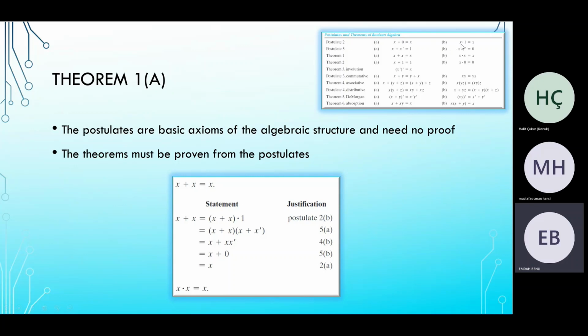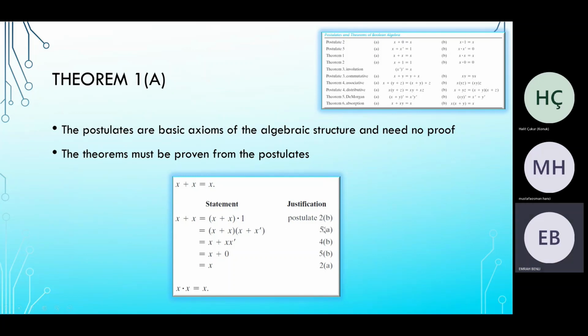Go to postulate 2b, X and 1 is X. So X or X and 1 is still this. Okay. And we use 5a. Go to postulate 5a, X or X prime is 1. You use it here, so we convert 1 into this one from 5a.